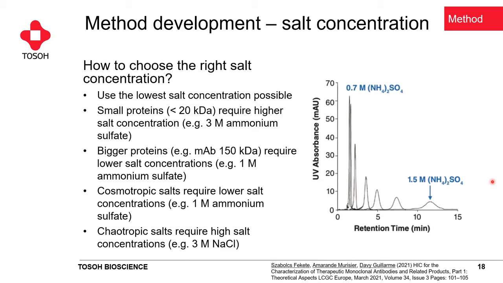So this means if you would like to have retention at all, or later retention, or more retention, you need to increase your salt concentration. One last thing I would like to mention is it also depends a little on how big your proteins are. So if you have a smaller protein, you would always need more salt as compared to a larger protein.